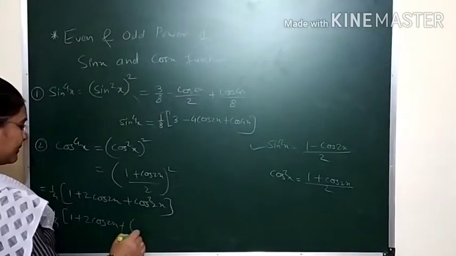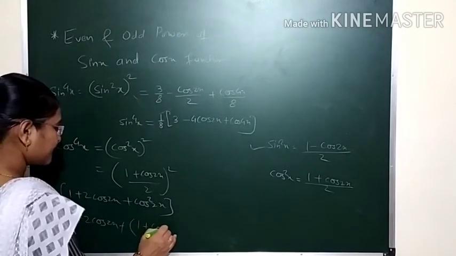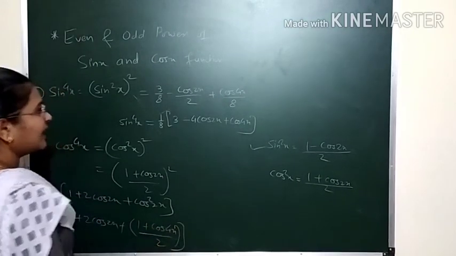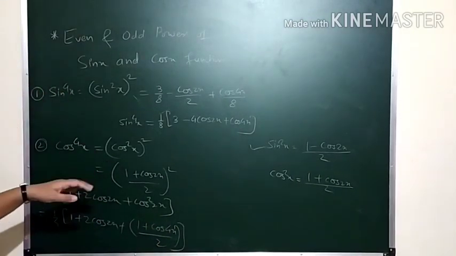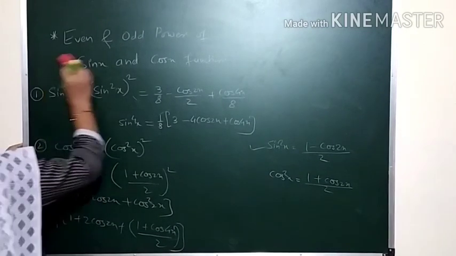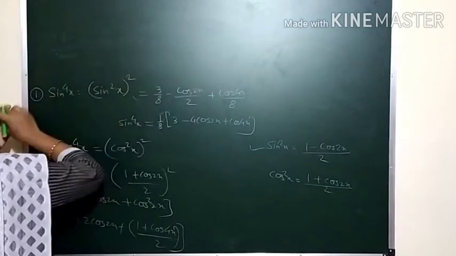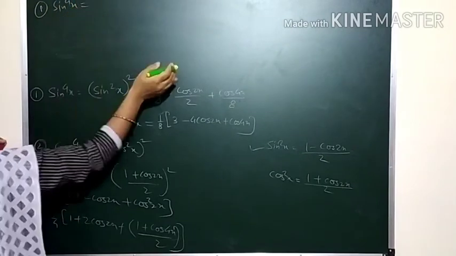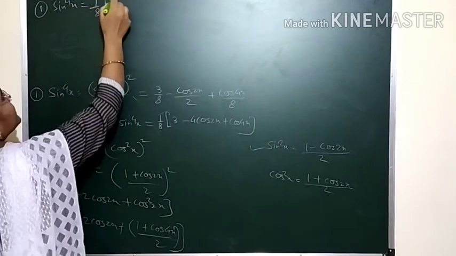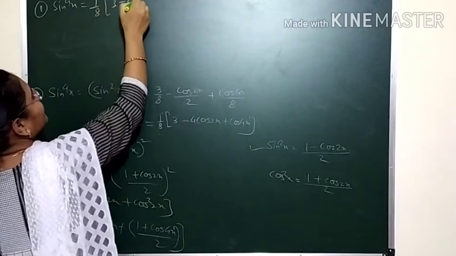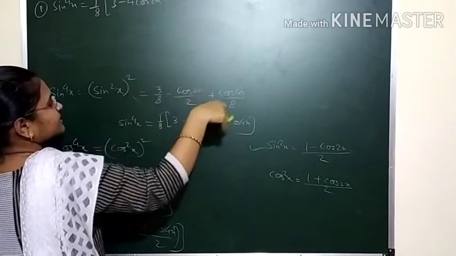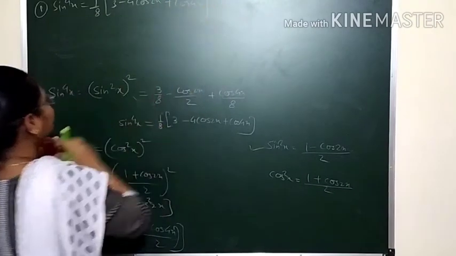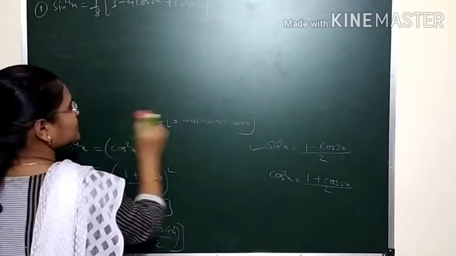So it will be in bracket 1 plus cos 4x by 2. Now may I erase this? Here I will write that sin raised to 4x is 1 by 8 (3 minus 4 cos 2x plus cos 4x), and now we are solving for cos raised to 4x.